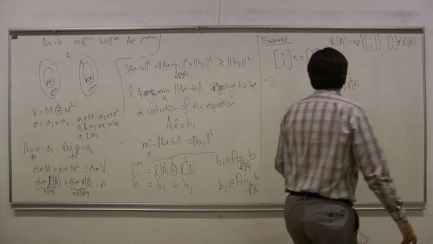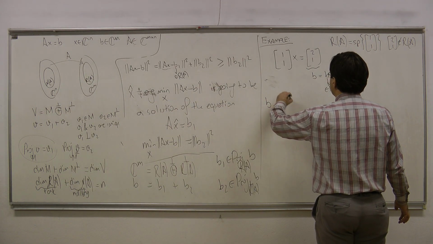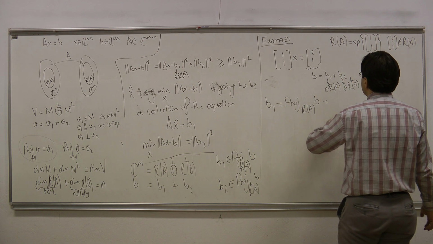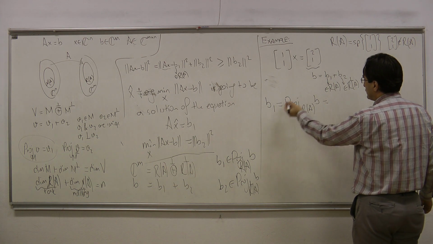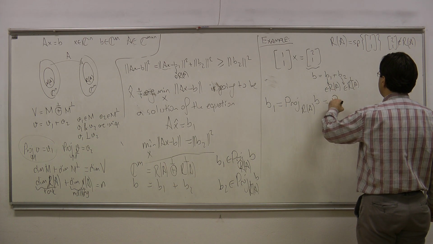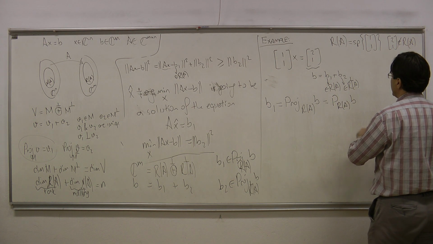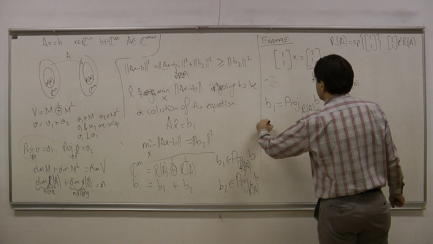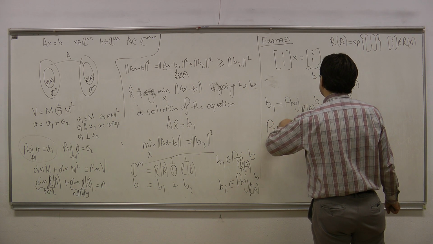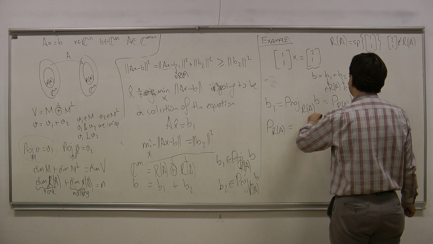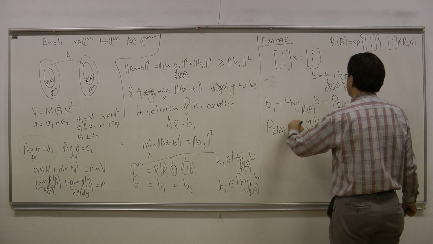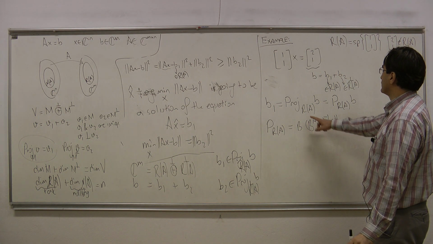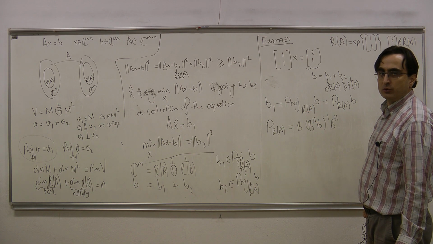We know that B1 is the projection onto the range space of A applied to B, which is a matrix multiplication, P of range space of A times B. This P is the so-called projection matrix: B (B Hermitian B) inverse B Hermitian, where B is the matrix composed of the basis vectors for the subspace that you would like to project onto.